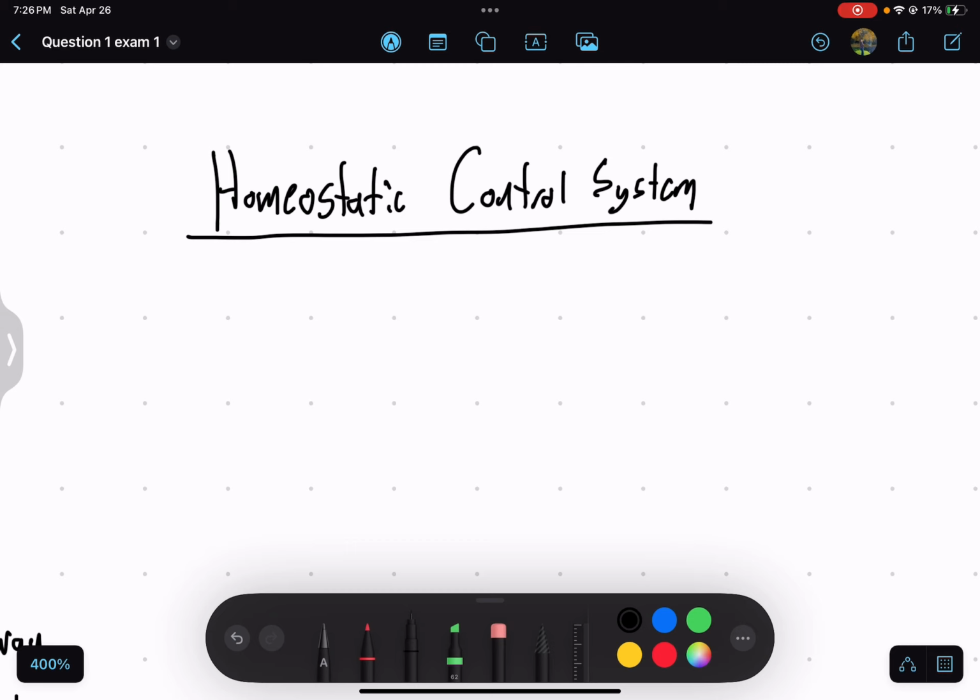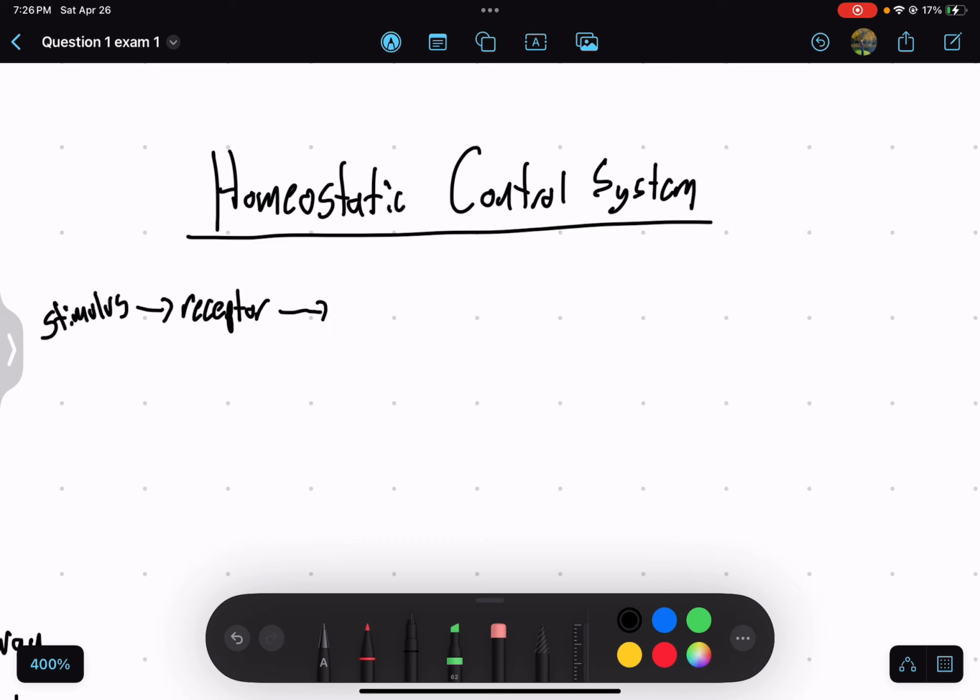This stimulus can be something such as cold weather, hot weather, loss of blood volume, increase of blood volume. It's something that will cause a change in a different variable. This stimulus will then be picked up by a receptor.